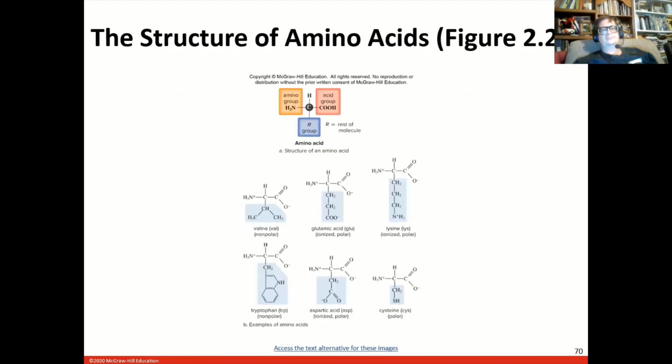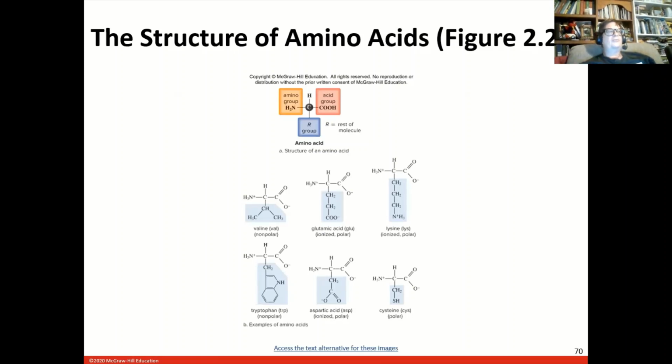So, all right, here are some examples. You can see right here, there's some amino acids that are polar and some that are non-polar. That's what I was hoping that diagram was showing.